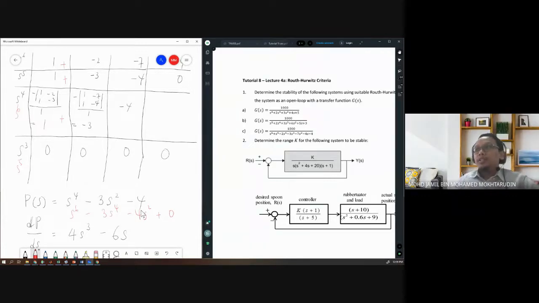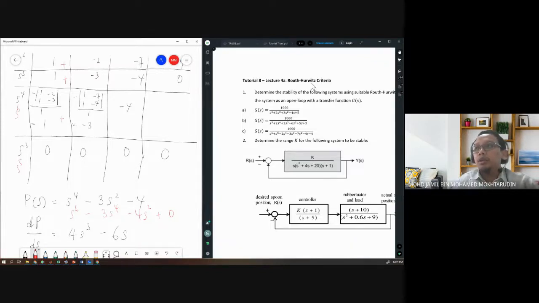Okay, any more question? Okay, so regarding this Hurwitz criteria, I want you to start to understand how to generate the table and how to interpret the table. Okay, how to determine how many sign changes and so on. Because in the next lectures, lecture 4B, 4C, and then chapter number 5, we are going to use Hurwitz criteria a lot.